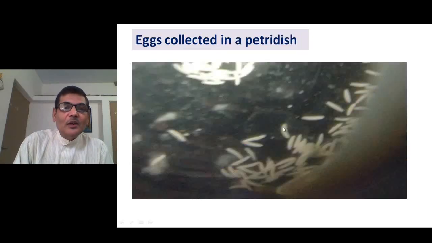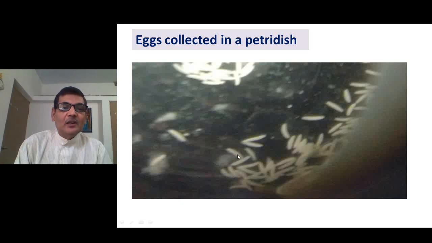Then here you can see the eggs that have been collected in the petri dish, and these are white in color, elongated structures. So these are a large number of eggs. A single female can lay nearly 1,000 eggs, but all these eggs will not be laid in a single fruit. Rather, a female will visit fruits, and even the soft portion of the stem is used for depositing eggs.